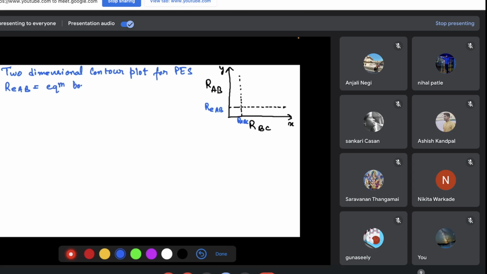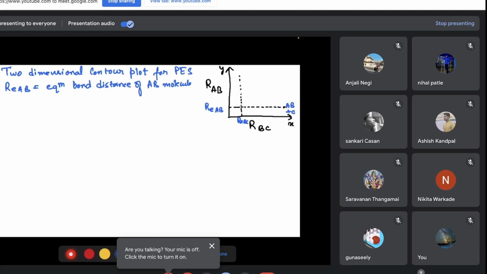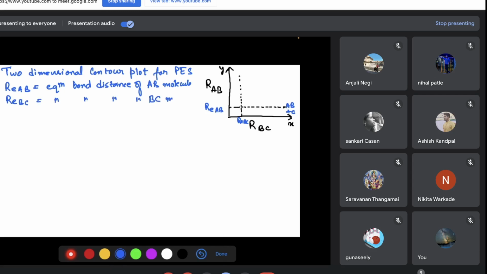Equilibrium bond distance of AB molecule. So this will be AB plus C, and similarly R_eq BC will be the equilibrium bond distance of BC molecule.